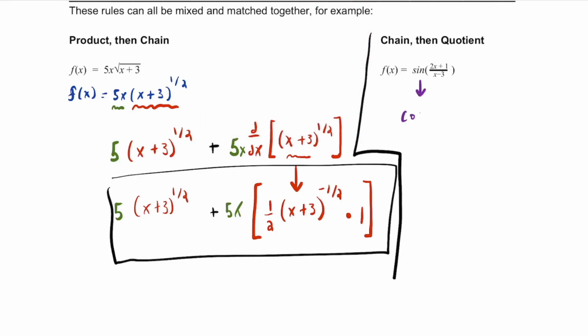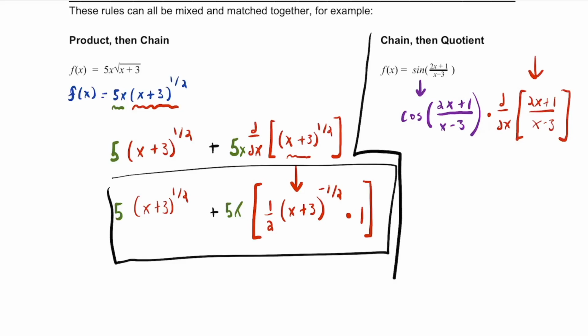So sine, we know, becomes cosine with g of x on the inside. The inside function just gets plugged in. Chain rule says, though, times, and notice again, I'll do this in 2 steps, times the derivative of 2x plus 1 over x minus 3, which annoyingly is going to require the quotient rule.